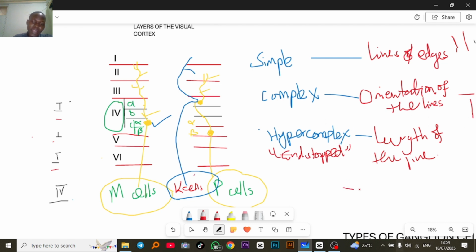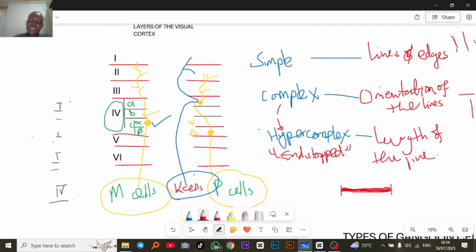If I'm drawing a line and I know it has to be 4 centimeters, the moment I perceive that it is already 4 centimeters, the hypercomplex cells will be excited by the complex cells, telling them this is already 4 centimeters.